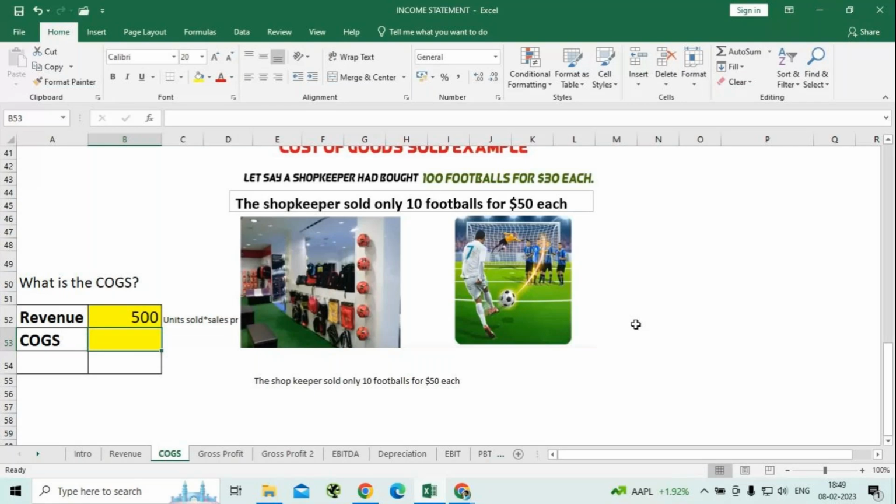So the value of the revenue is 500. But to earn this 500 rupees, how much did they spend? So the COGS will be calculated as units sold multiplied by purchase cost.